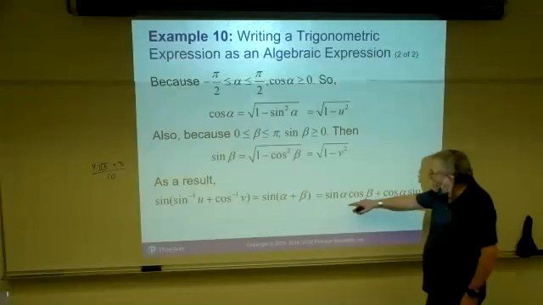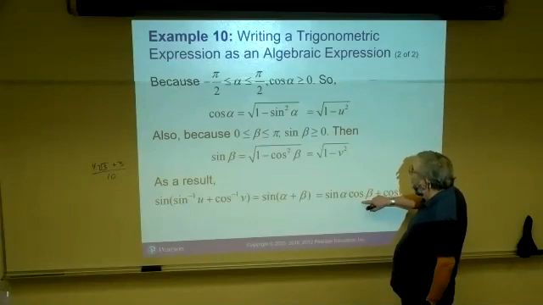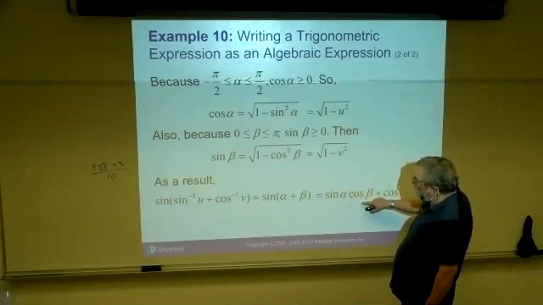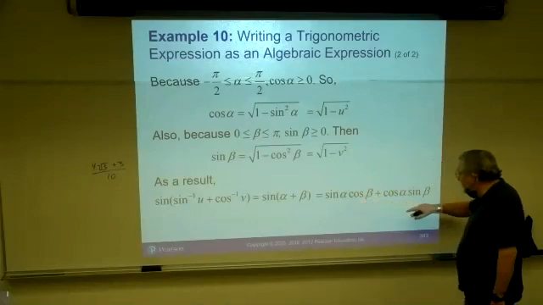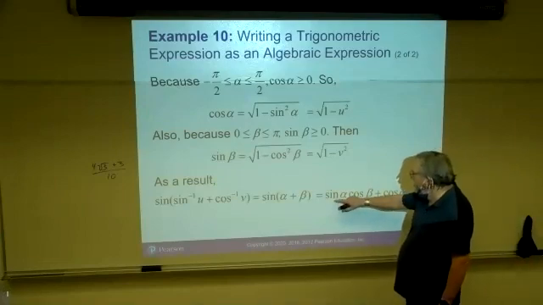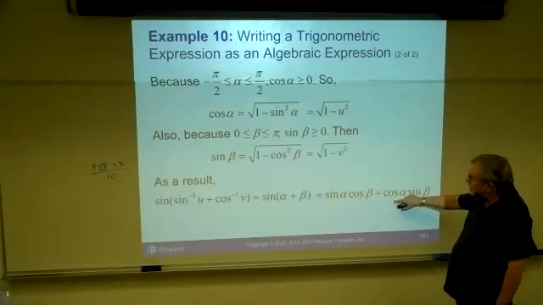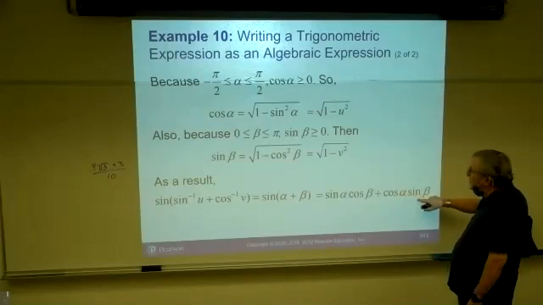And I know sine alpha is u, and cosine beta is v. And this is the square root of 1 minus v squared, and this is the square root of 1 minus u squared.